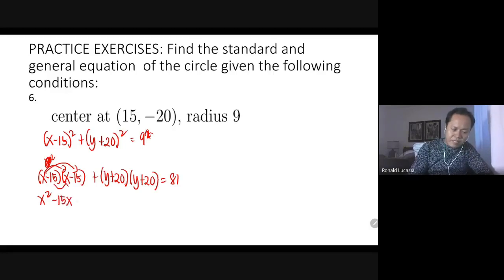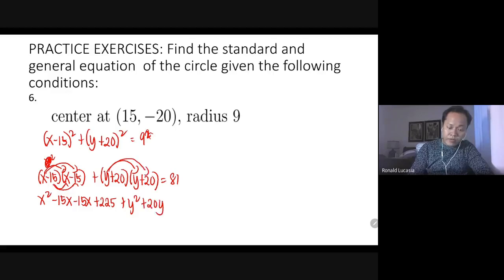Negative 15 times x, it's negative 15x. Negative 15 times negative 15, it's positive 225. Kabila, y times y, it's y squared. Y times 20, it's 20y. 20 times y, it's 20y. 20 times 20, it's 400.